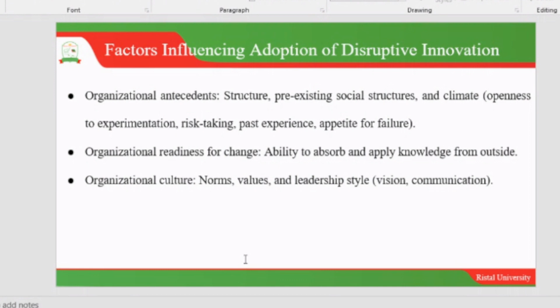Then organizational readiness for change, which has been talked about earlier, organizational culture, the norms, the values, and leadership style. So an organization that values innovation ultimately will always be open to such innovations to come into play.